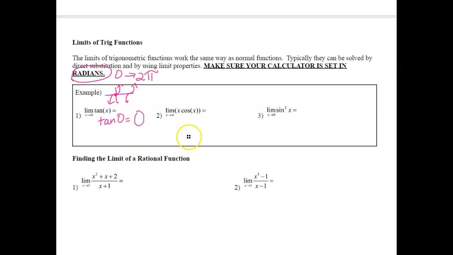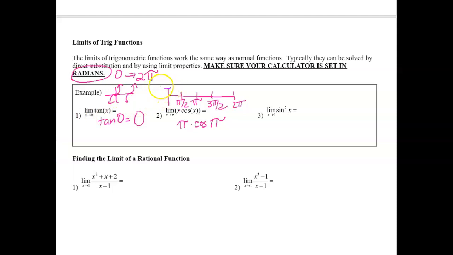All right. This one, we're going to try direct substitution, plugging in pi, and see if it's undefined. So pi times the cosine of pi, and we're going to do a little refresher on our wave, because this is how I get most of my answers. This was pi over 2, this was 3 pi over 2, and one full cycle is at 2 pi.